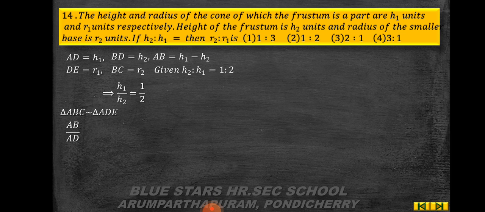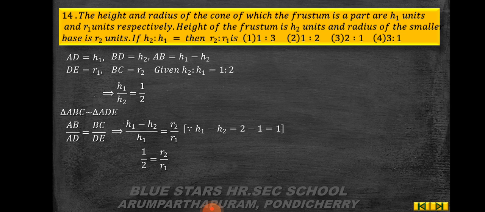So AB by AD is equal to BC by DE, which implies H1 minus H2 by H1 is equal to R2 by R1. Therefore, H1 minus H2 is 2 minus 1, which is equal to 1, so 1 by 2 is equal to R2 by R1, which implies R2 is to R1 is equal to 1 is to 2. So the correct option is option 2, 1 is to 2.